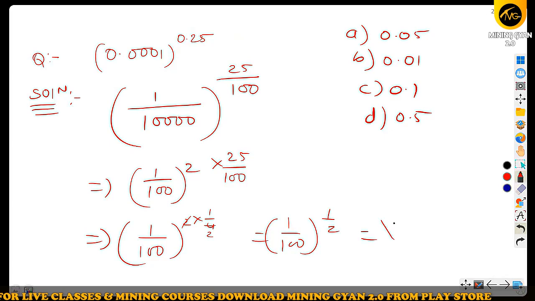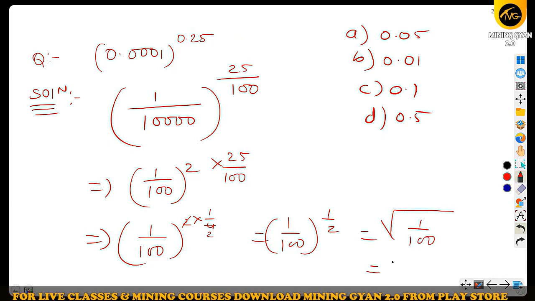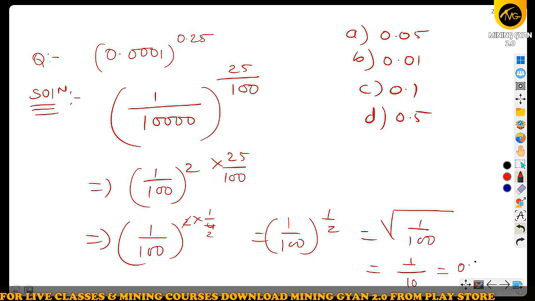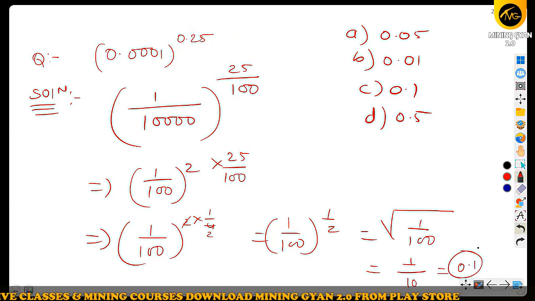It means we can write the root of 1 divided by 100. Now if you remove the root, we can write 1 divided by 10. It means 0.1. 1 divided by 10 is equal to 0.1. So option C is the correct answer, 0.1.